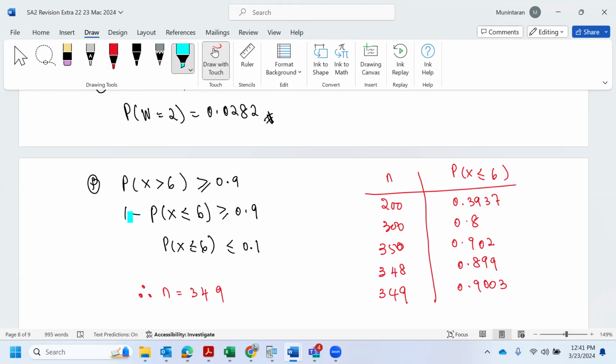Okay, so this is the probability. So we're going to have 1 minus. Or if you want to do this, it should be lesser, because I did not minus. If you just want to find this, then it will be only 0.1, sorry.